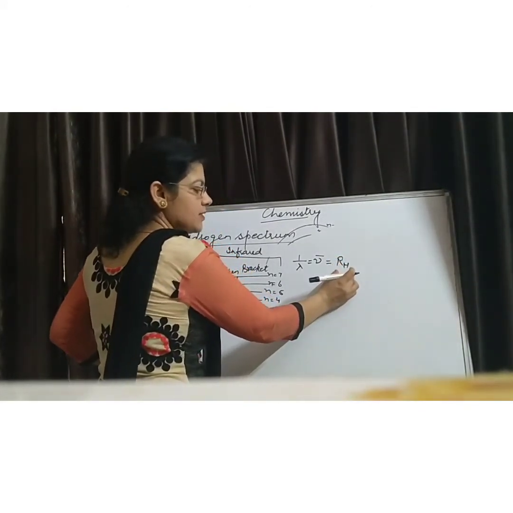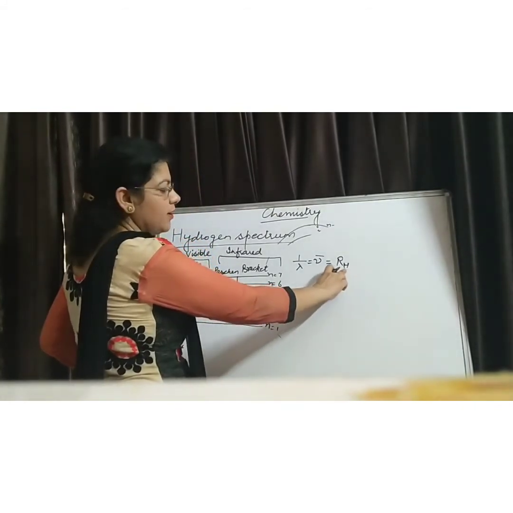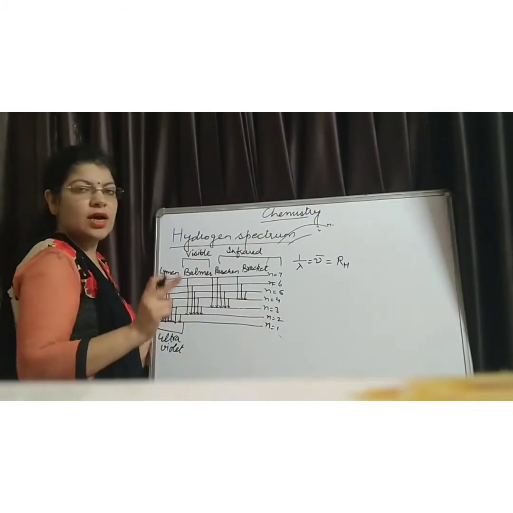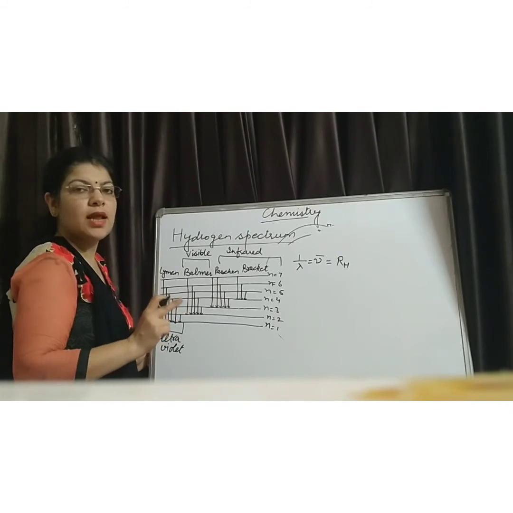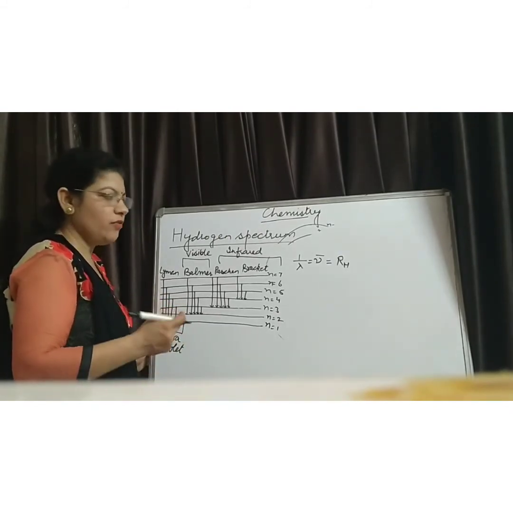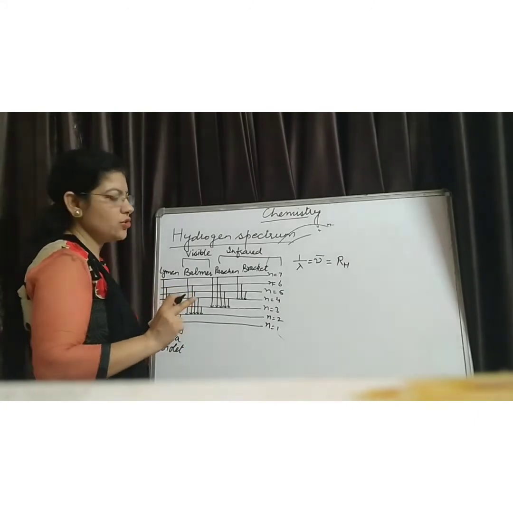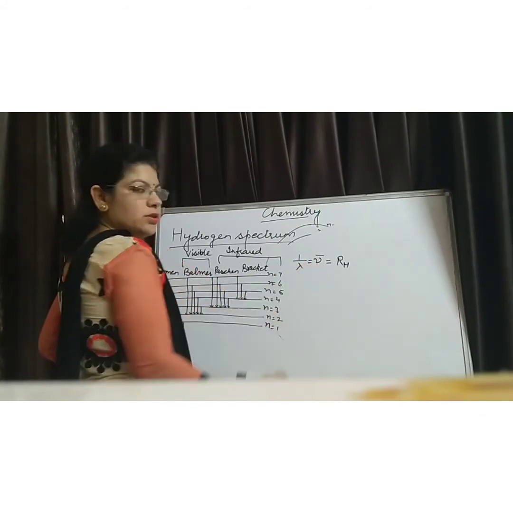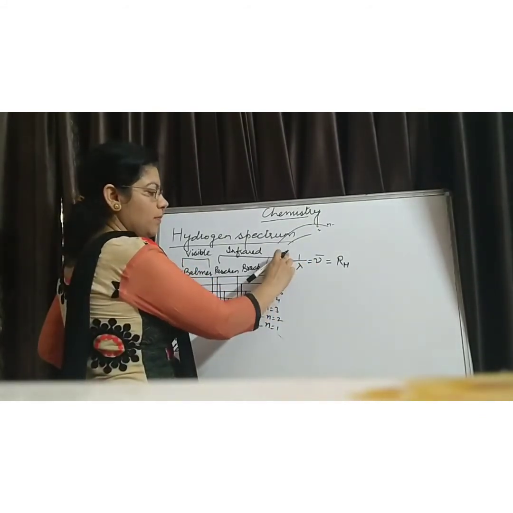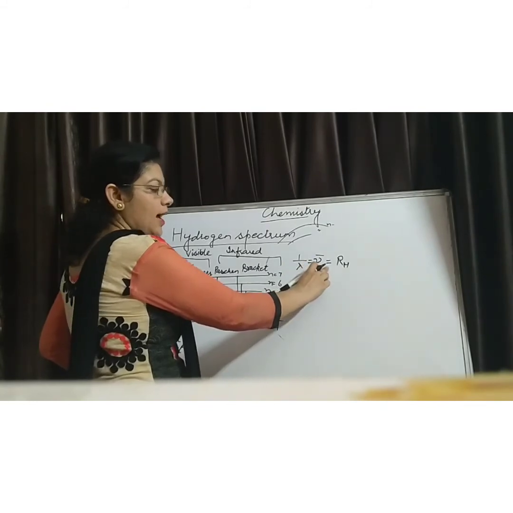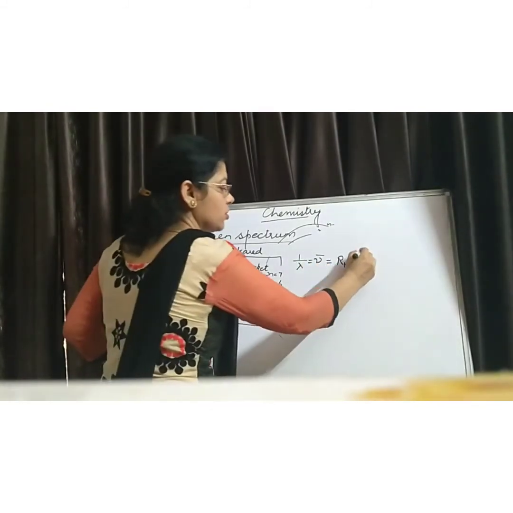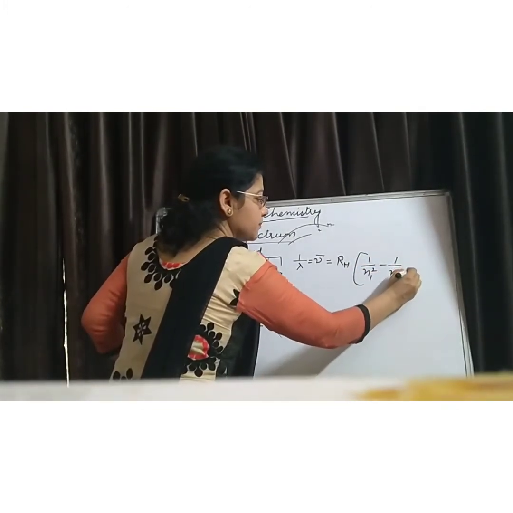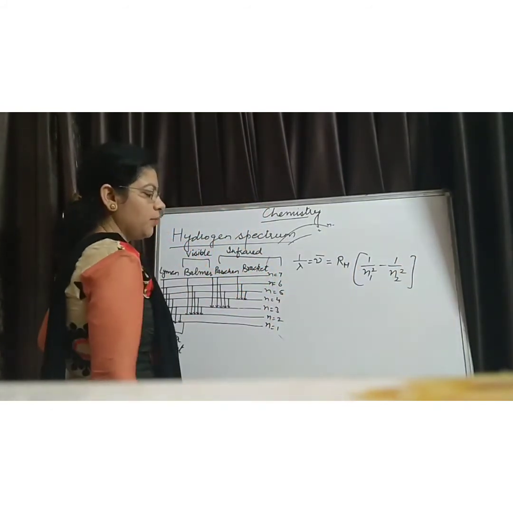This RH is known as the Rydberg constant for hydrogen. Here H represents the hydrogen atom or those ions which have a hydrogen-like structure, with only a single electron in their shell. The formula is 1 by lambda equals nu bar, calculated as RH (1 by n1 square minus 1 by n2 square), where RH is the Rydberg constant.